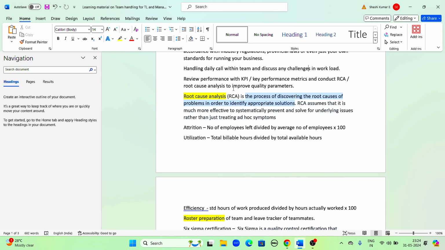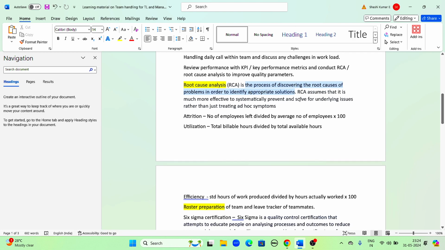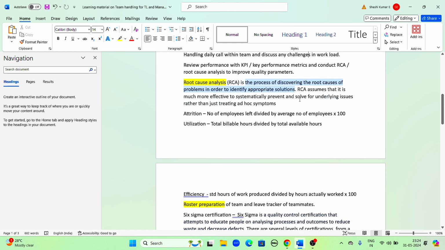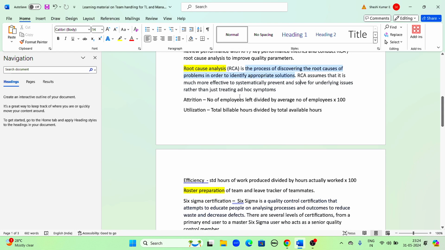So what is this root cause analysis? It is a process of discovering the root cause of problems in order to identify the appropriate solutions. It is more effective to systematically prevent and solve underlying issues rather than just treating them ad hoc.